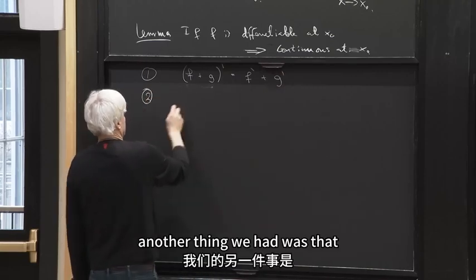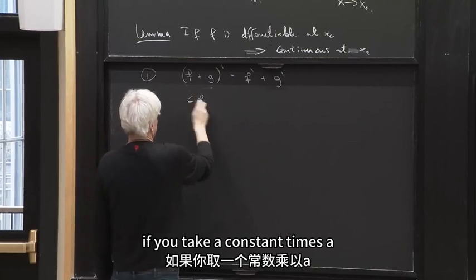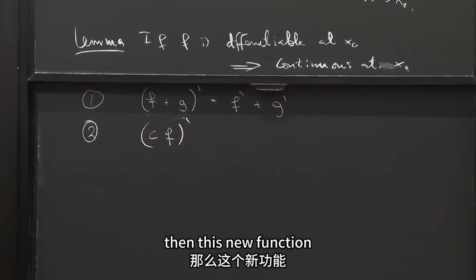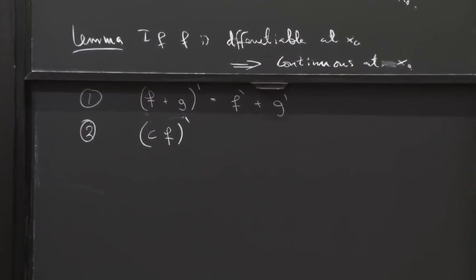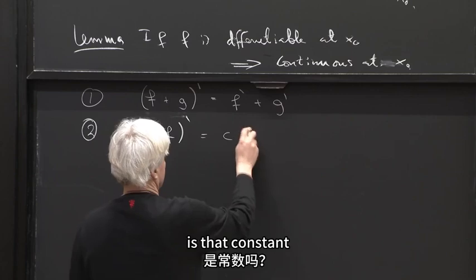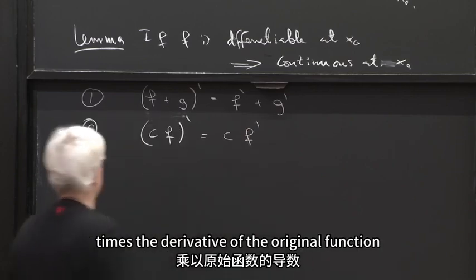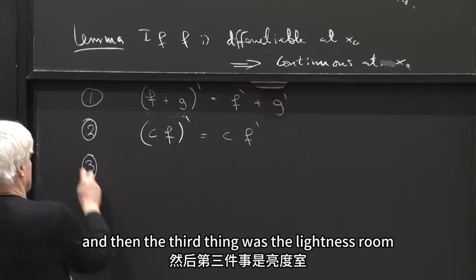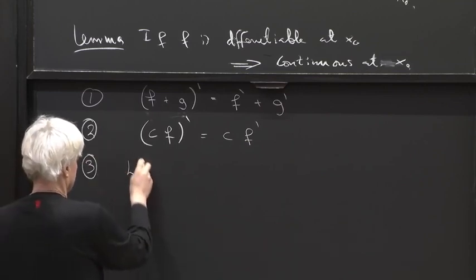Another thing we had was that if you take a constant times a function, and this function is differentiable, then this new function is also differentiable, and the derivative is that constant times the derivative of the original function. And then the third thing was the Leibniz rule.